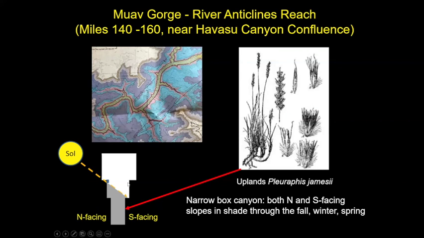It probably can occur at middle elevations, not that anybody's been able to climb up through that mess to see what its upper elevation limit is here. But this portion of the river corridor, even on south-facing slopes, you find this species of grass. But again, you get these little clues about how much of a role solar radiation plays in the distribution of even pretty common species.